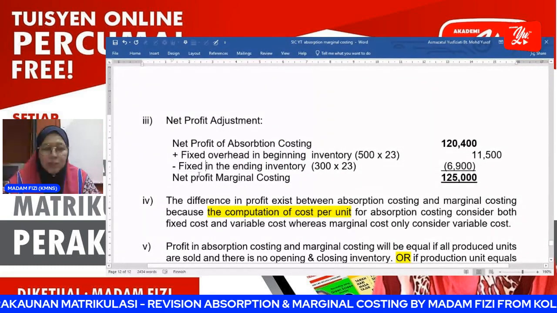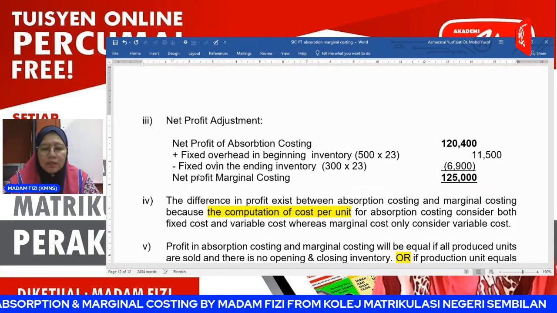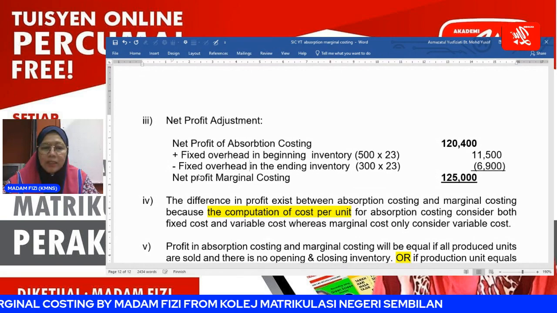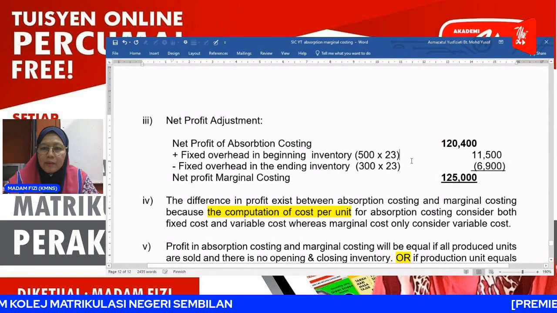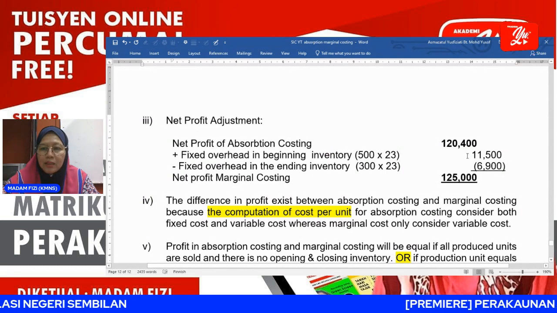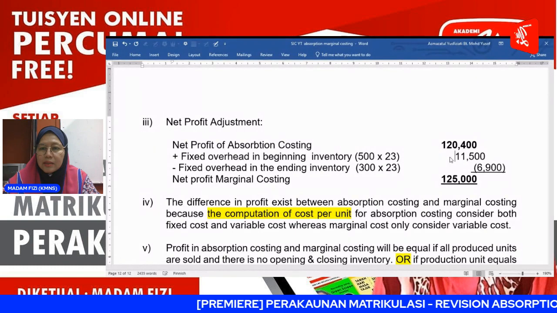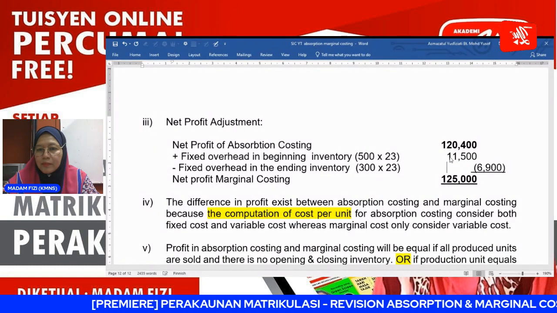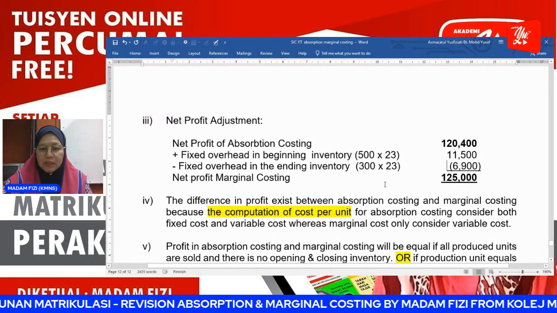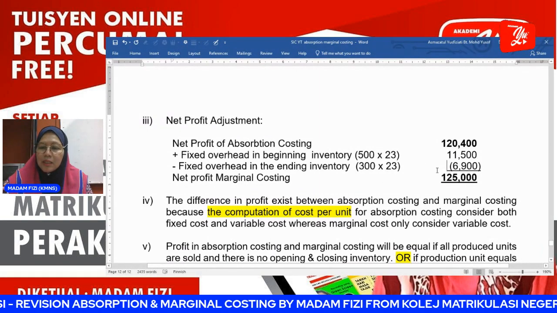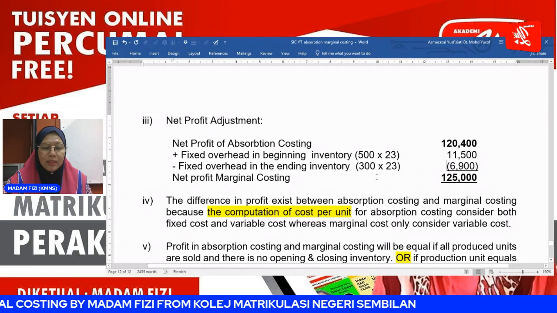Okay, jika awak buat net profit adjustment, jawapan tak sama, awak kena cari balik, mesti ada something wrong dekat income statement, sama ada income statement under absorption ataupun marginal. Okay, kalau sama 99% betul lah awak punya income statement yang awak buat tadi.